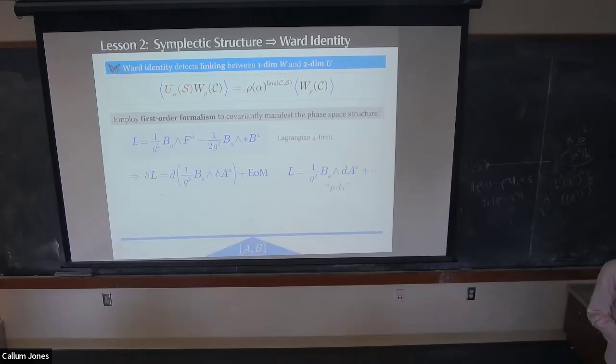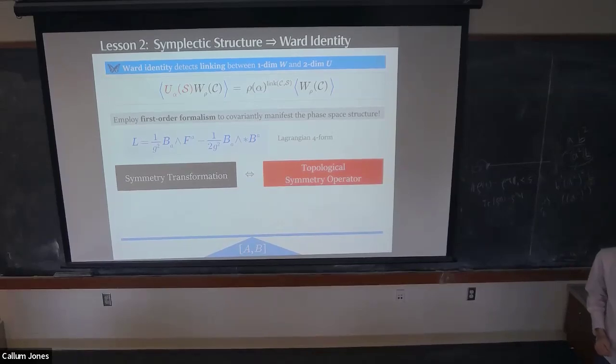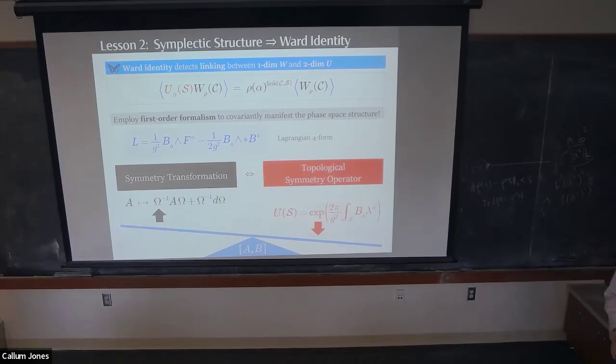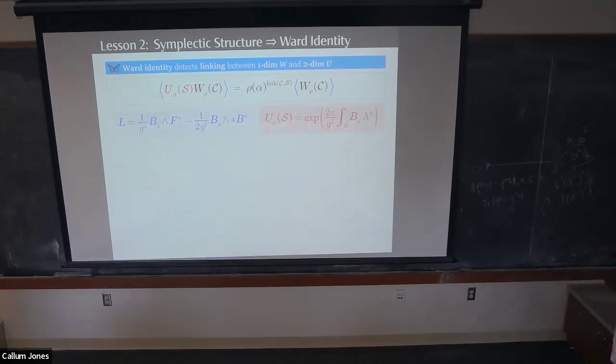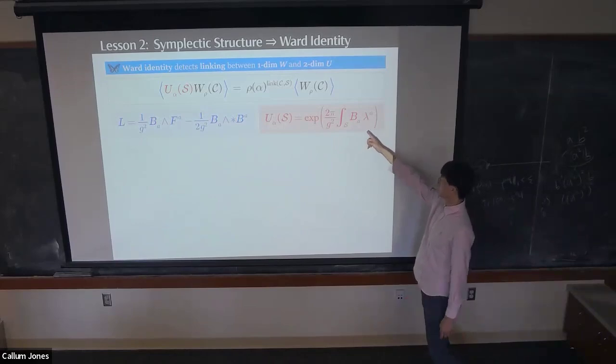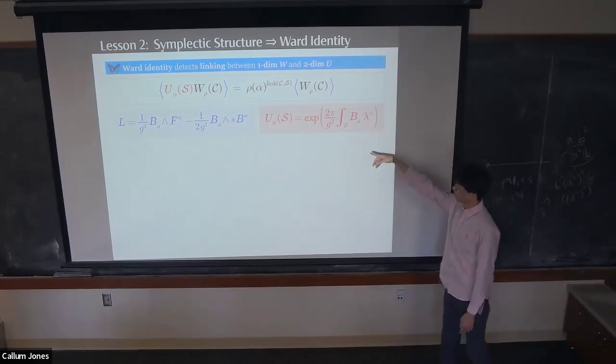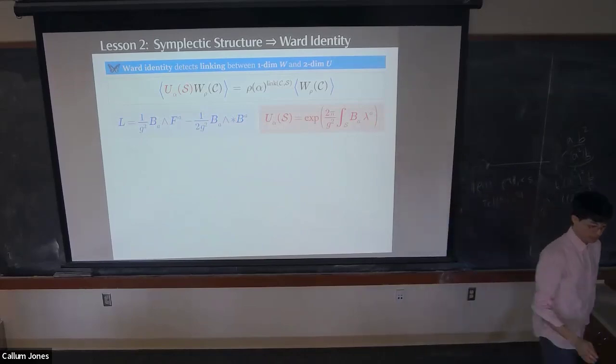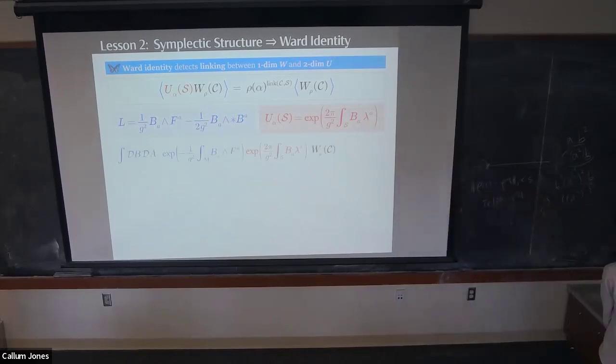It is very helpful to visualize the structure like a seesaw like this. Then I will show that the symmetry transformation and topological symmetry operator are leveraged by the seesaw structure. So let me show this explicitly. With this first order Lagrangian and the symmetry operator in the first order formalism, where I just replace the star F with B, let me write the left-hand side in the path integral language.